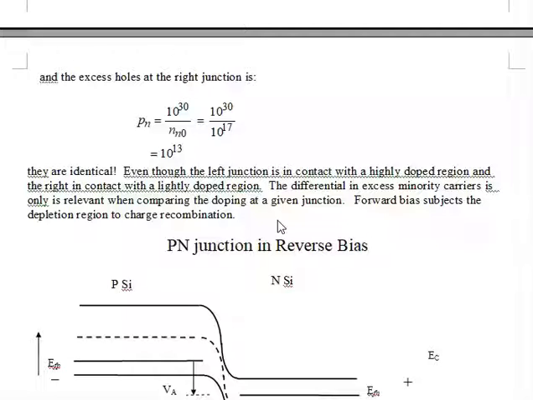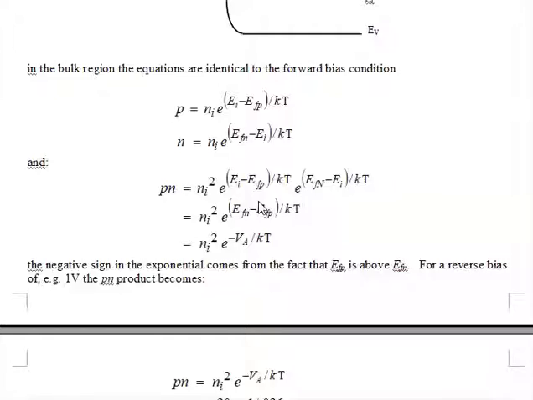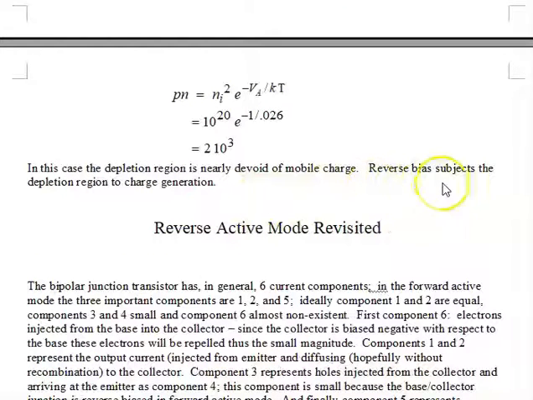Stress a system, and the system will try to restore itself to its pristine condition. In the reverse bias, I've sucked out mobile charges way beyond what I would expect from equilibrium, and therefore we have not recombination. Reverse bias subjects the depletion region to charge generation.